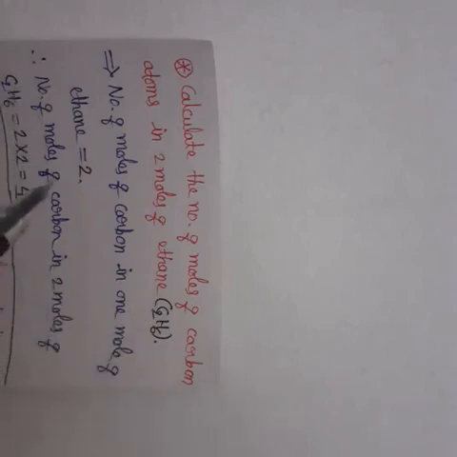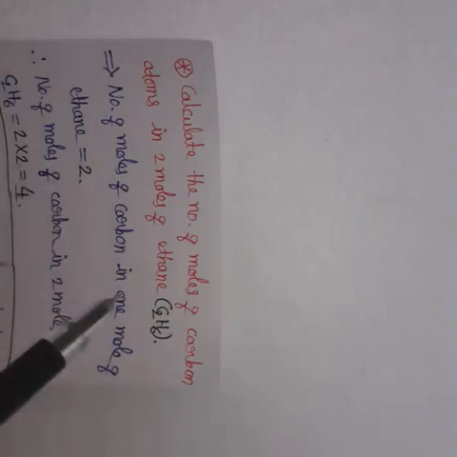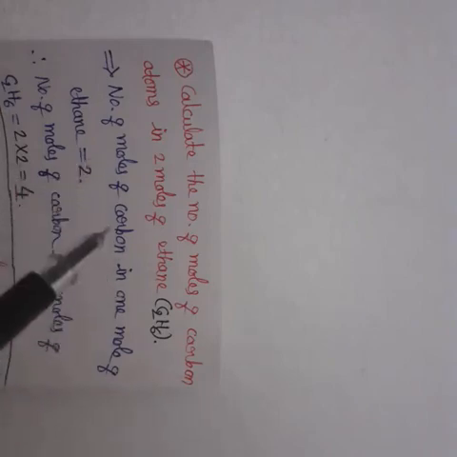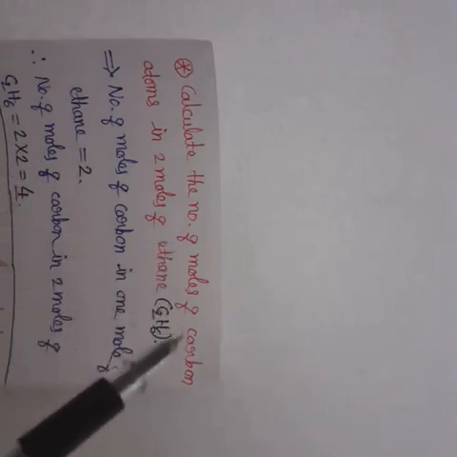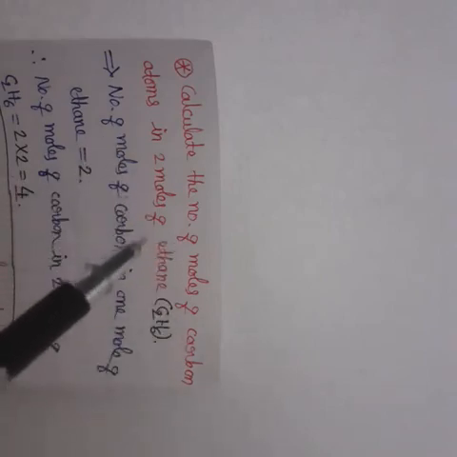Therefore, the number of moles of carbon in 2 moles of ethane means this 2 should be multiplied with 2, because for 1 mole of ethane number of moles of carbon is 2. For 2 moles it should be multiplied by 2, then it gives 4. 4 is the number of moles of carbon atoms in 2 moles of ethane.